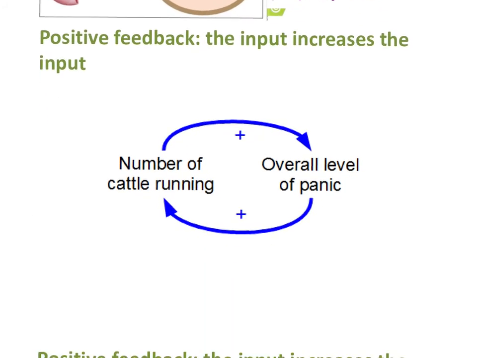Positive feedback is the opposite of negative feedback. In positive feedback, the input increases the input. I kind of think of it like exponential growth. Things are getting crazy.